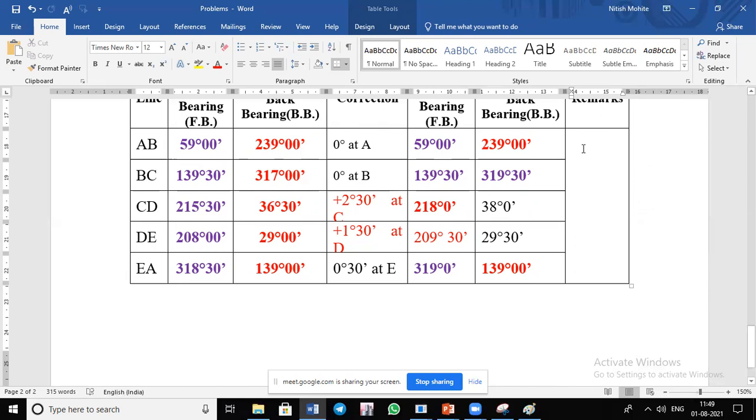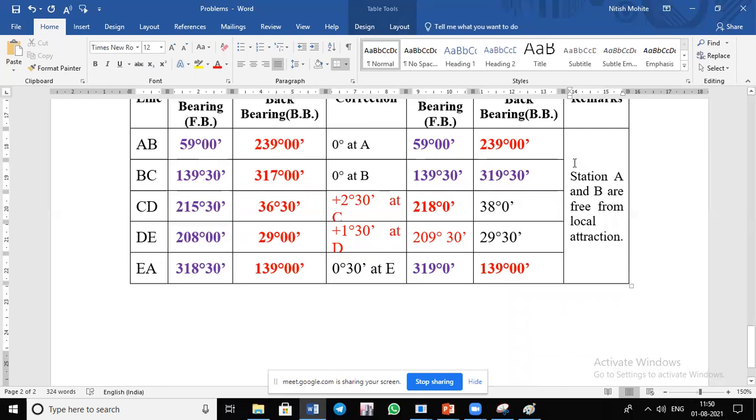Okay, and from that only we have started with the work. Okay, so write down the statement that stations A and B are free from local attraction.